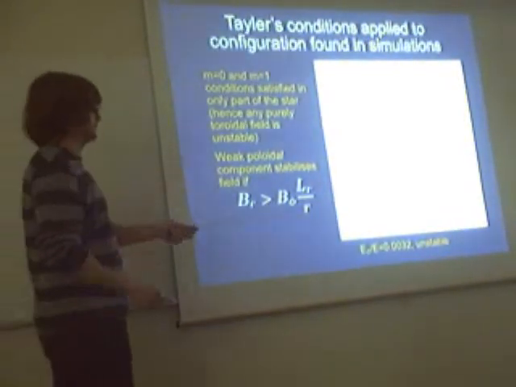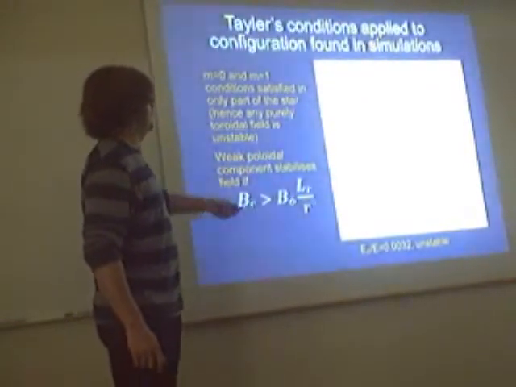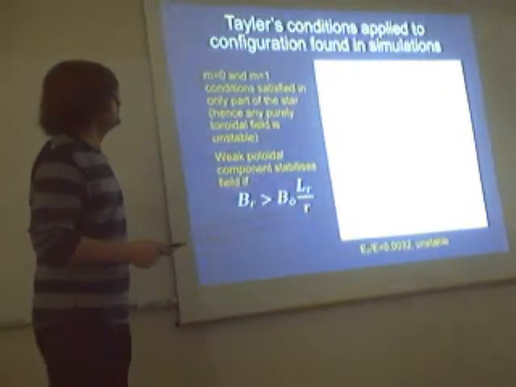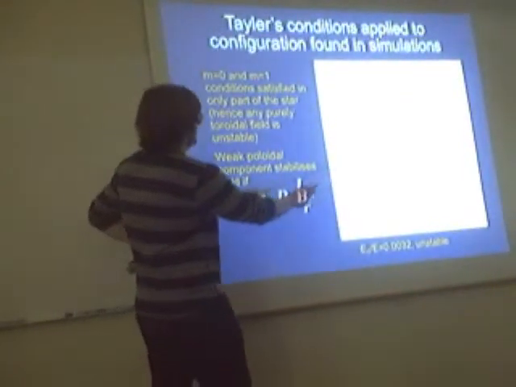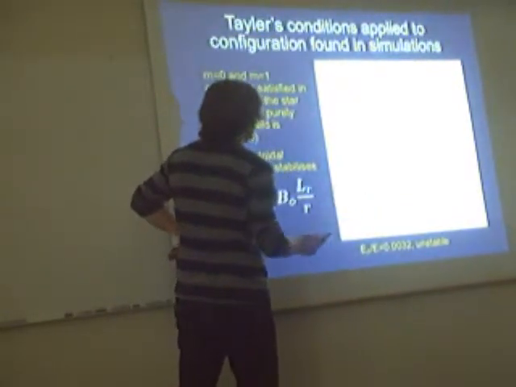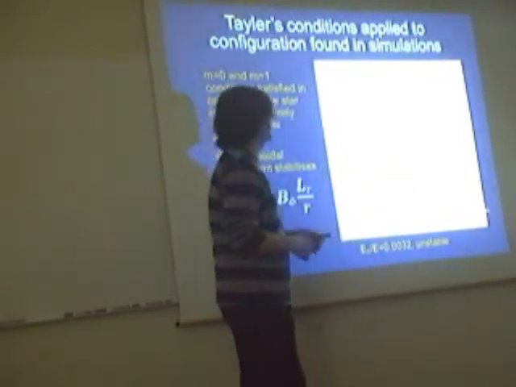Now if we plot a cross-section of the star, this is the axis of symmetry of the star, and this is the equatorial plane. This line here is the last closed toroidal line, so the toroidal field is entirely confined within this space.